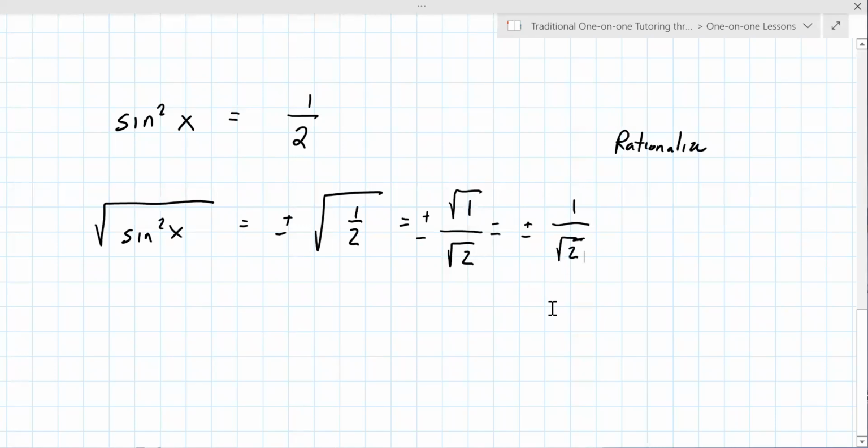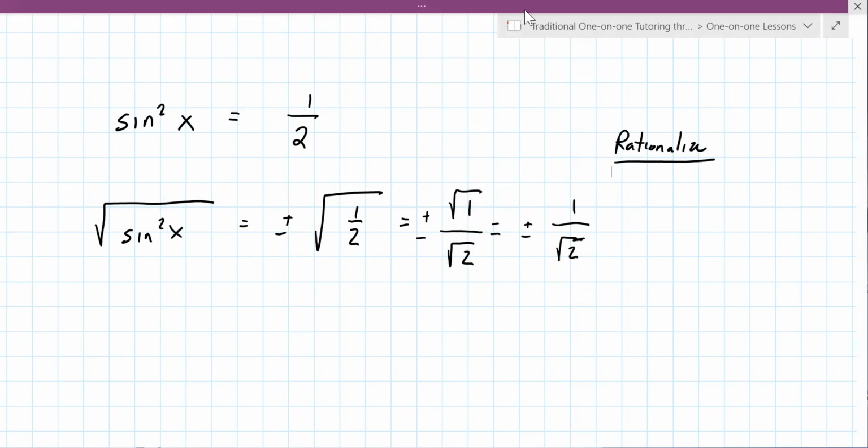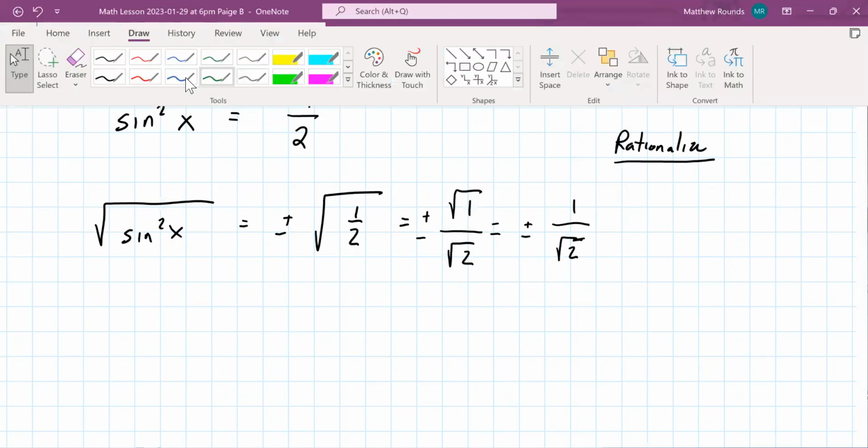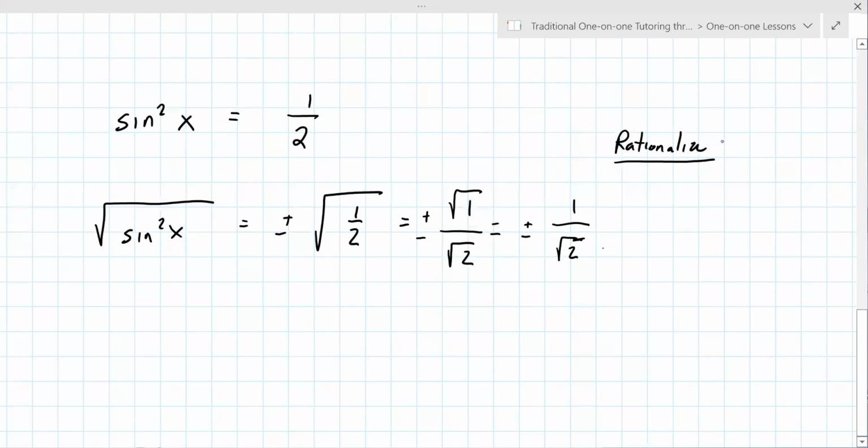No. So you leave it. You're like, all right, I don't know that, so I'm going to leave it, and that's fine. That's where this rationalize comes in. Do you remember how to rationalize something like this? No. Okay, so you eliminate the root on the bottom. Rationalize basically means no roots on the bottom.